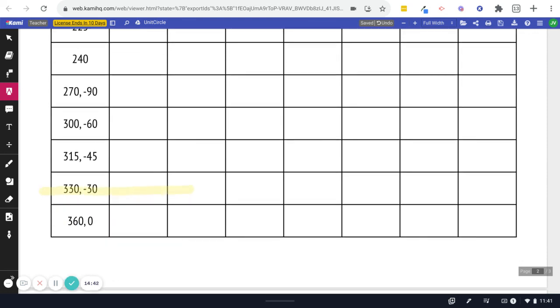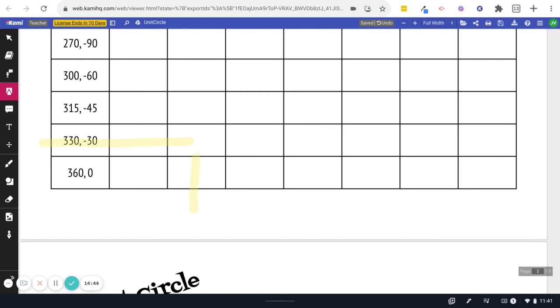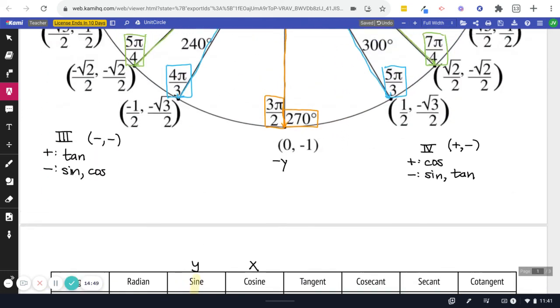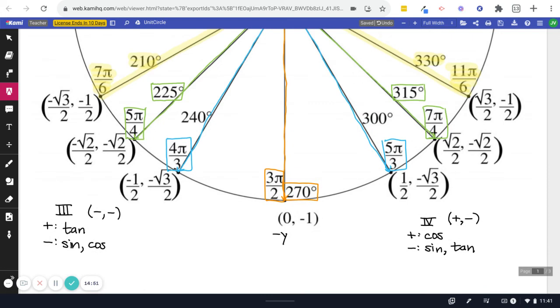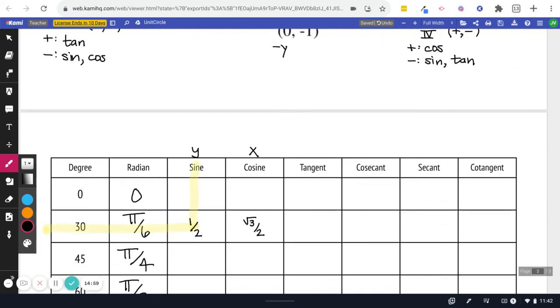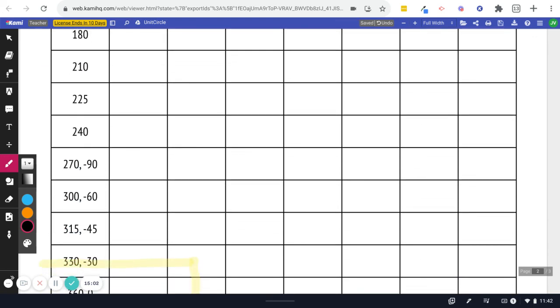I'm still in the sine column, I just don't want to draw it super long. So I'd come up here and be like, ooh, 330, here's where you're at. Sine is the y coordinate. Here's the y for this one. So my sine of 330 must be negative 1/2. Right? That's how I read this.